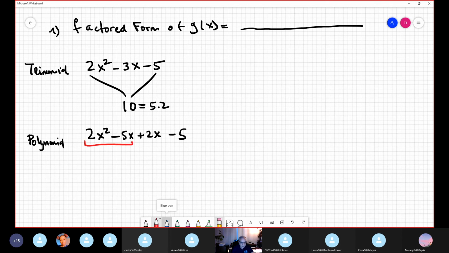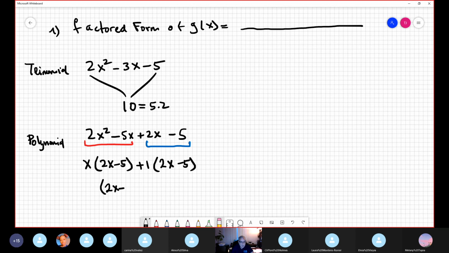You select 2 couples, and the GCF in the first couple is x. Open new parenthesis 2x minus 5. And the GCF in the second couple is 1, because we have no common factor: 1 times 2x minus 5. I factor out 2x minus 5 one more time, and in the last parenthesis we have x plus 1.